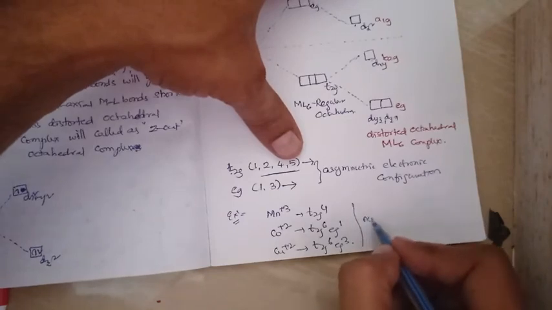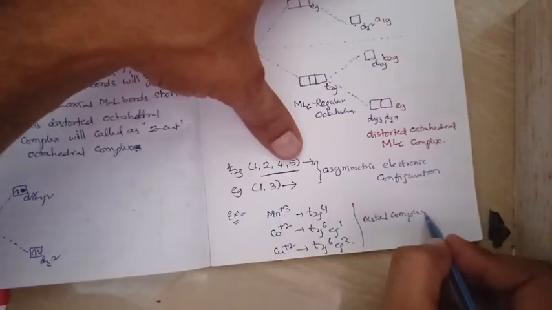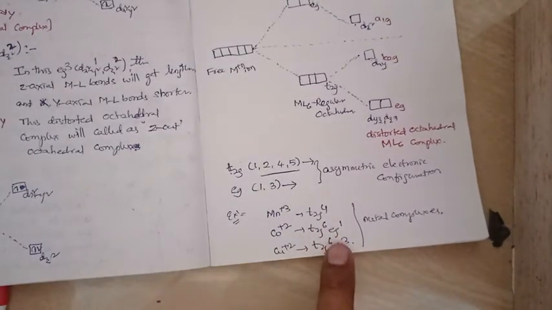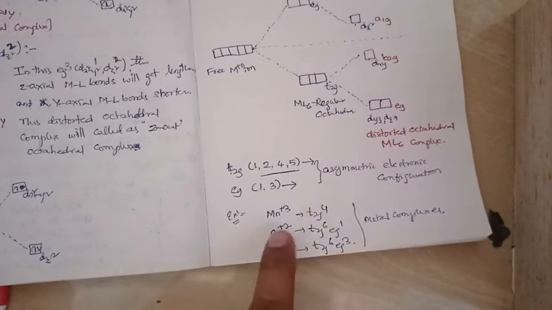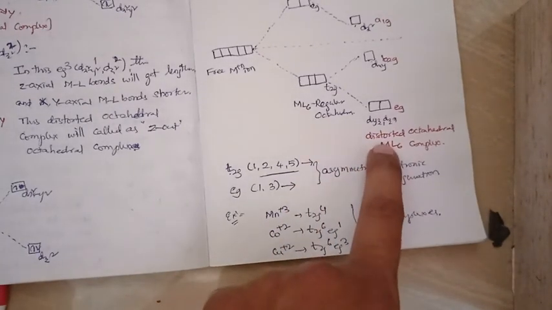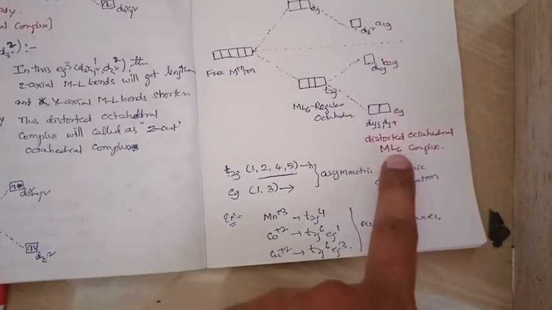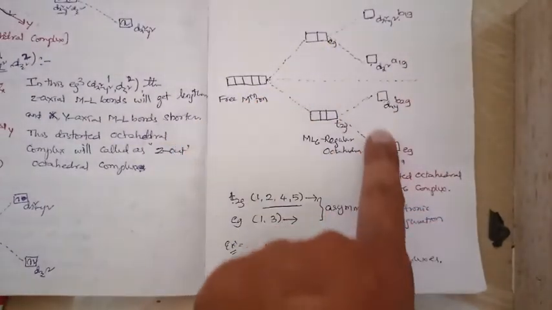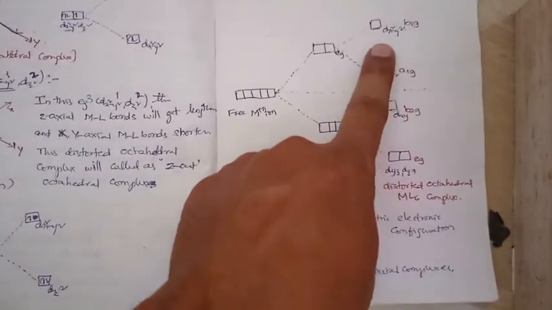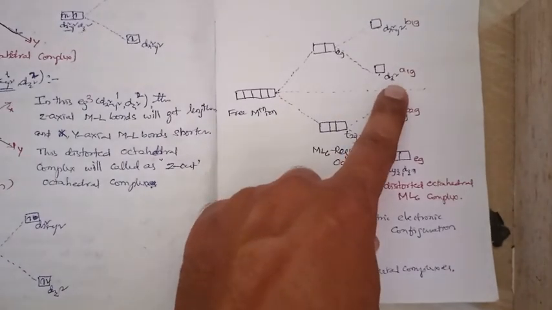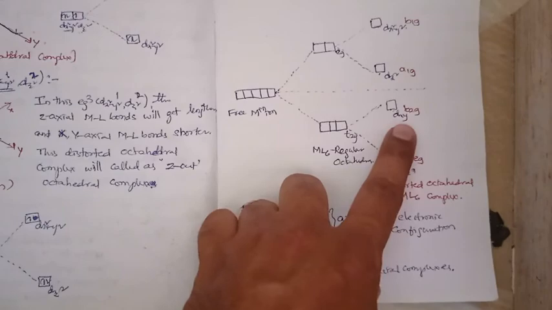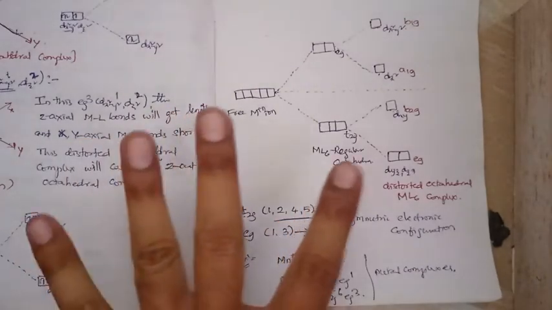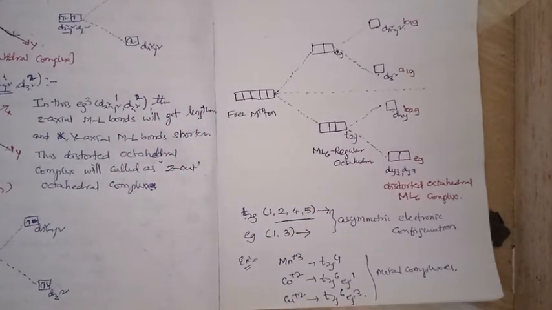Many more complexes like this are there. Such metal complexes have asymmetric electronic configuration. When such asymmetric electronic configured octahedral complexes exist, they have a distorted octahedral structure. Thus distorted octahedral asymmetric electronic configured metal complexes will have such a splitting pattern, where the highest energy state is B1g, the next level will be A1g, next will be B2g, and the lowest energy state is Eg, right? This is how the distorted octahedral splitting pattern takes place.